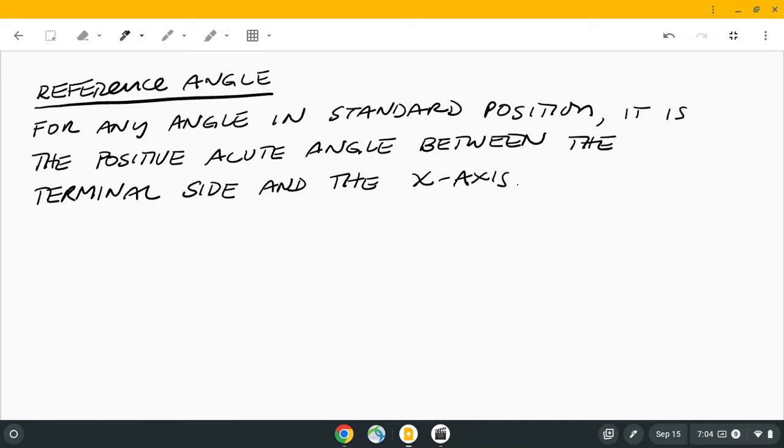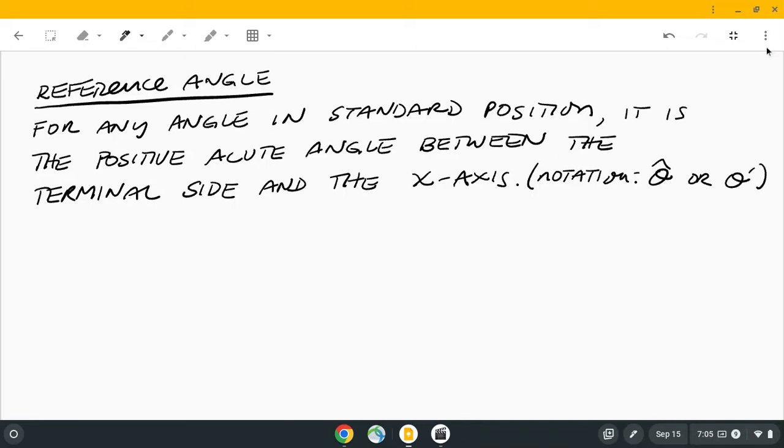Okay. And the notation we use, depending on the book you use, this book is going to use theta hat because it looks like it's wearing a little party hat, right? Or, old school, I guess, used to use this theta prime.